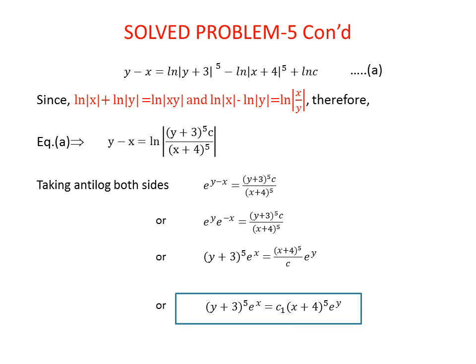So convert 1 by c as c1. We call it the new constant of integration. c1 is the new name of the constant of integration. So (y plus 3) to the power 5 e^x is equal to c1 times (x plus 4) to the power 5 e^y, which is the required answer.